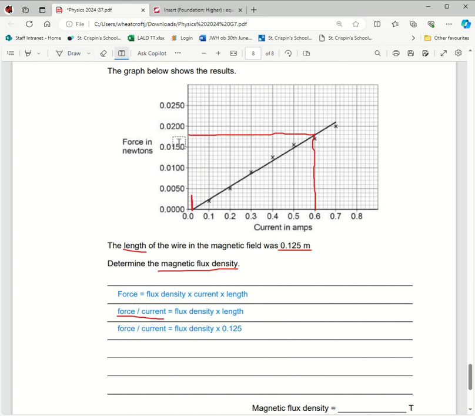So the force change here, if it's 0.0150, and then there's 5 squares up to 0.020, and again, just watch out there for that 0.0, this is going to be 0.0180. And that is going to be the change, because if we look at the beginning of our little triangle, the force was at 0 at the beginning.